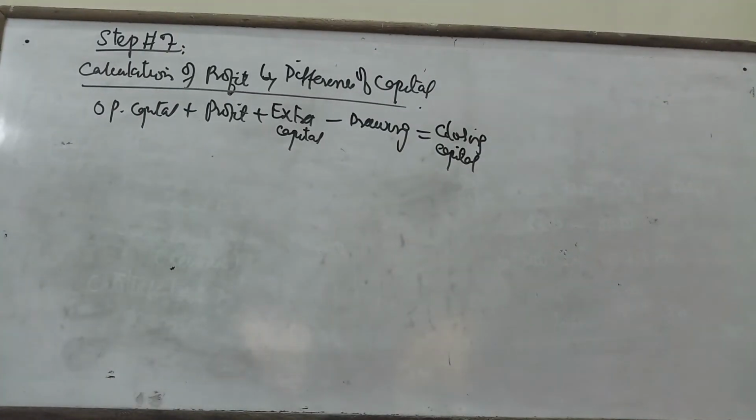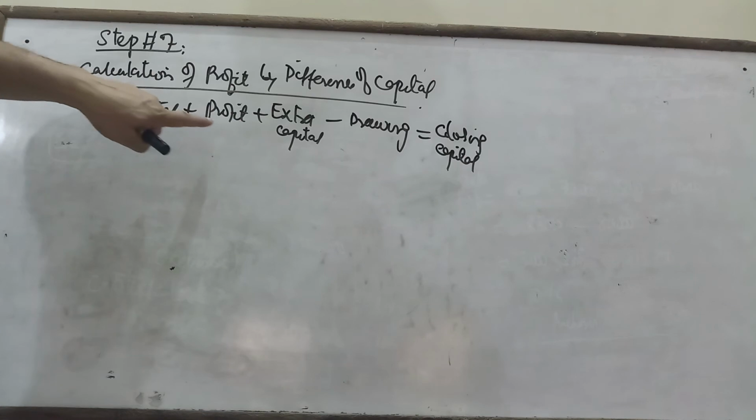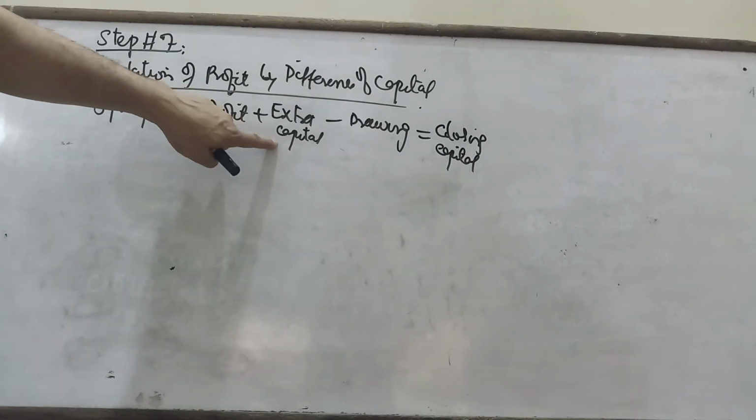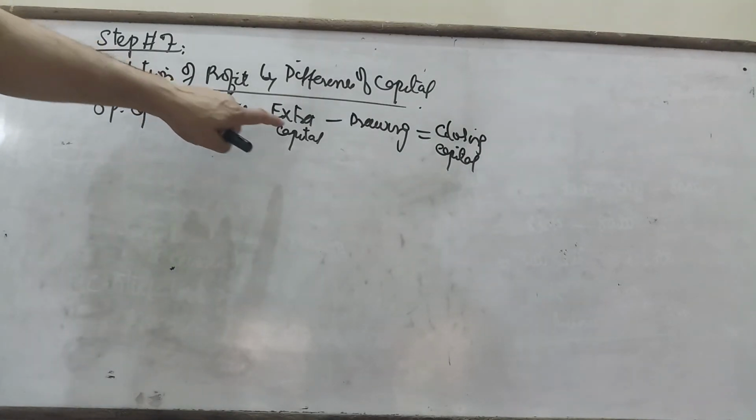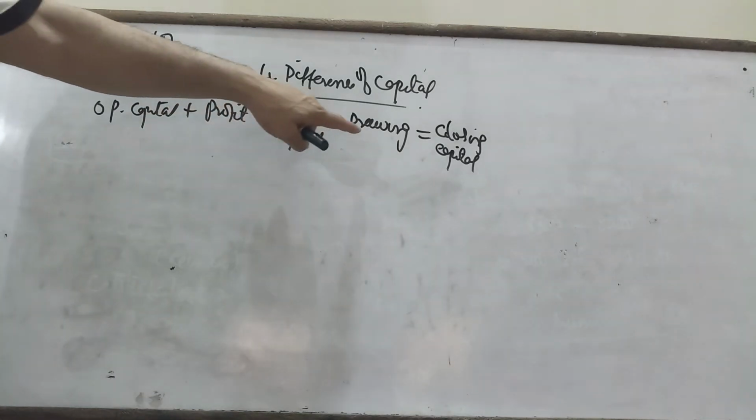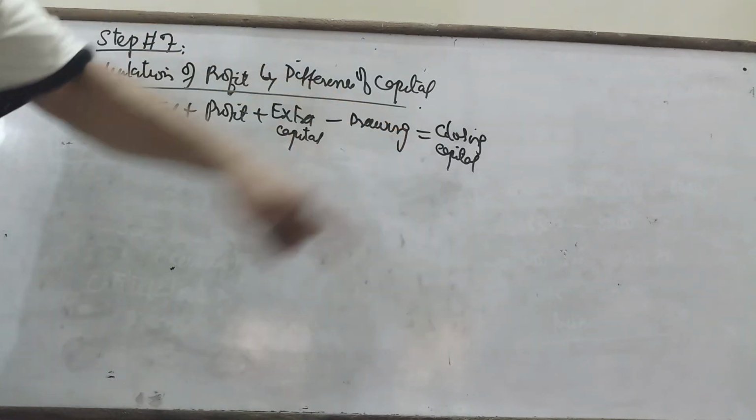This is a very common phenomenon, and we have learned it many times since your O levels. You start the financed-by section with the opening capital, add the profit, and if there is any extra capital introduced by the owner, we also add it, and the drawings are subtracted, equal to closing capital.